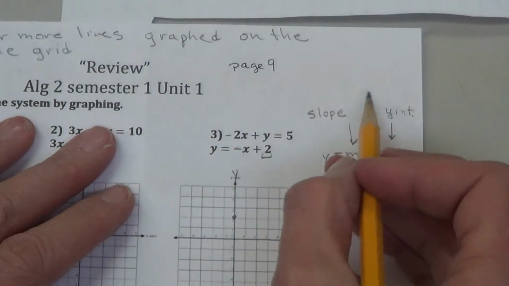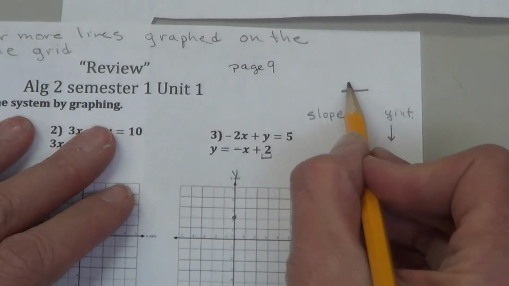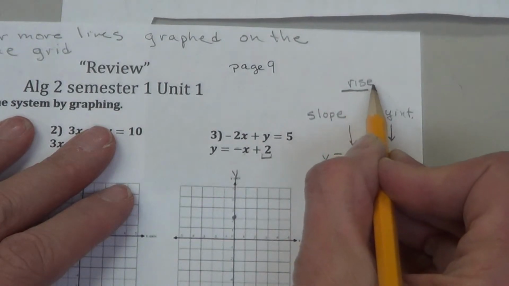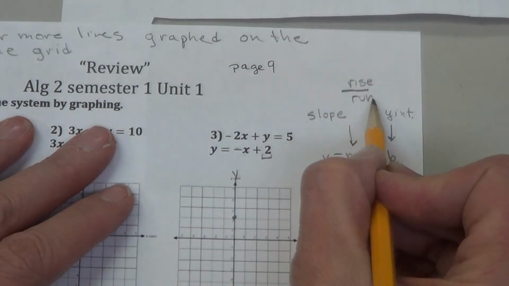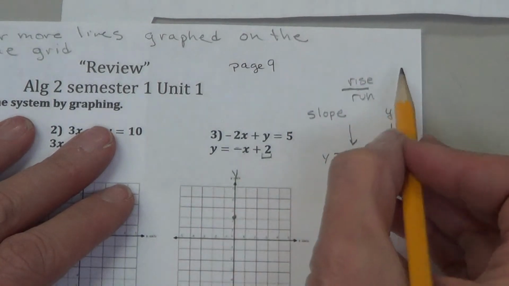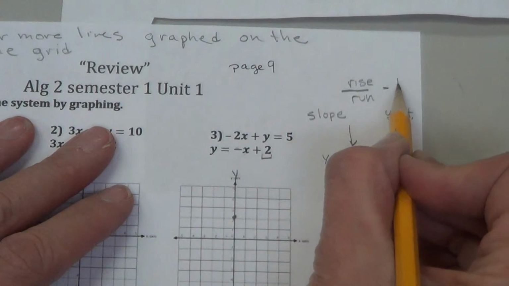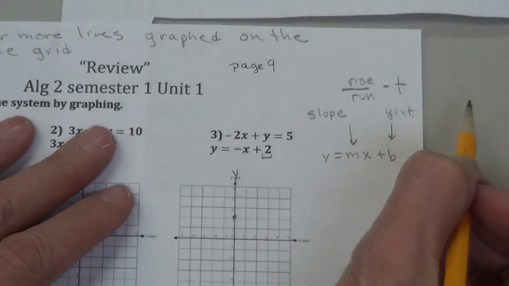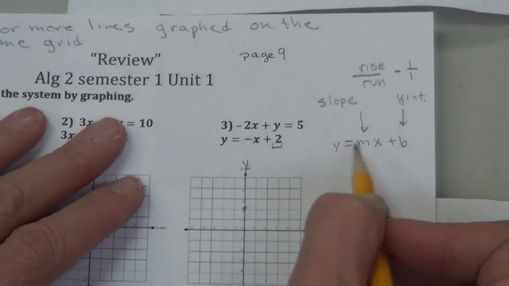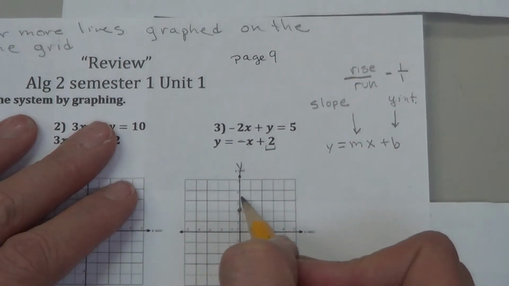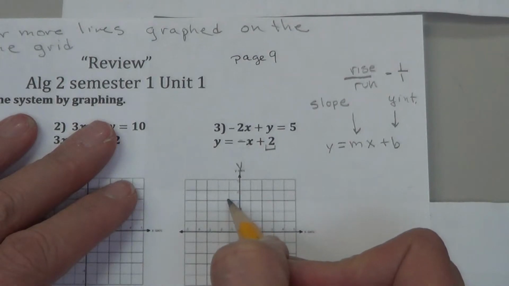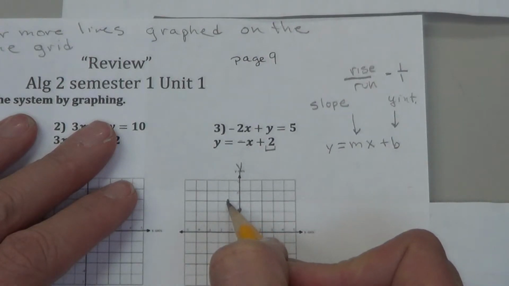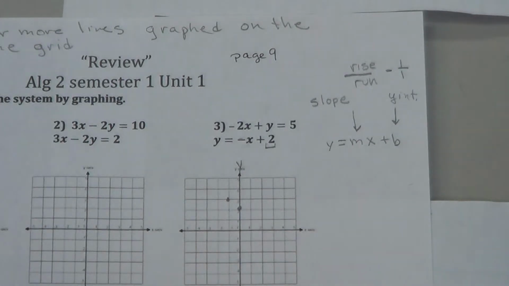We always look at it as a fraction of rise over run. If we have a value of negative 1, then that must be 1 over 1. So from this point, we rise 1, and because it's negative, we run to the left. Left is always negative. Now, we will graph.